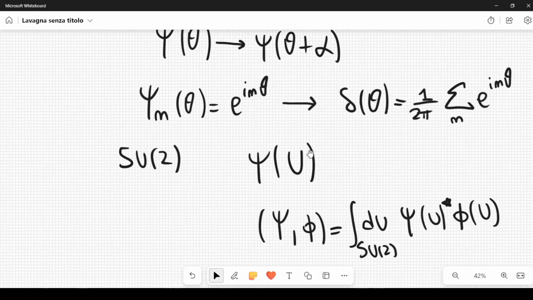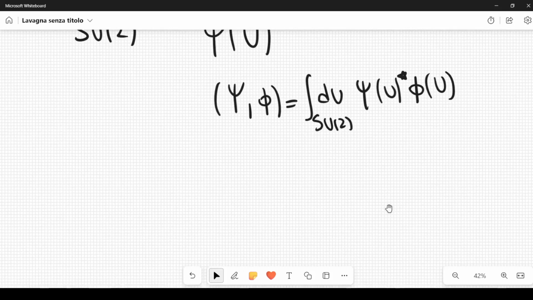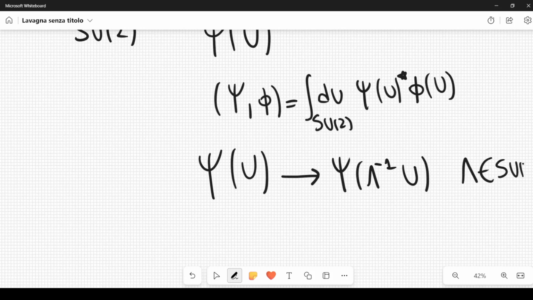The space of these functions carries a representation of the group SU2, which acts in the following fashion: psi of u goes to psi of lambda inverse u for lambda which belongs to SU2, something like this.